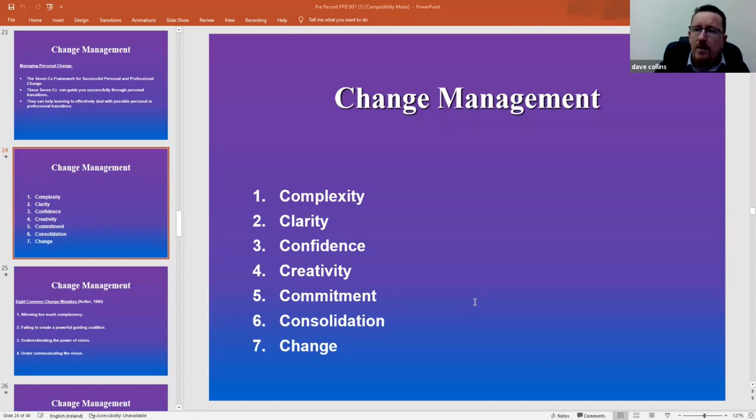How creative are you? I don't mean in an arty way, but maybe in how you design your planned change? How committed are you? And then, the consolidation of all of that to number 7, the actual change.